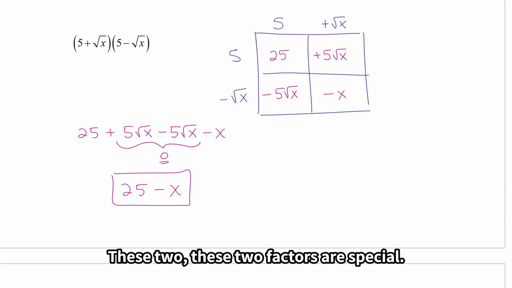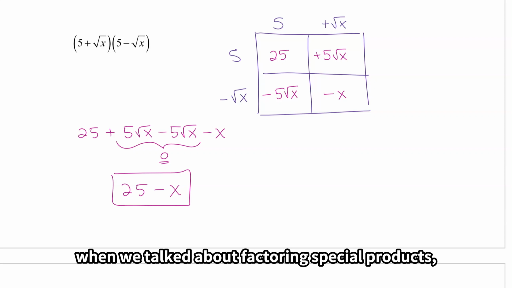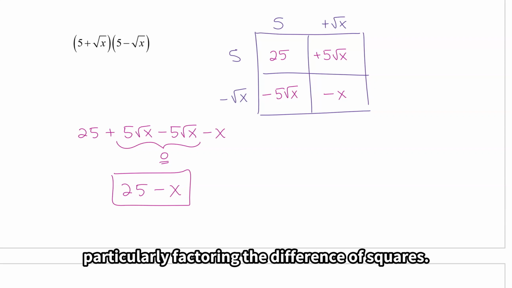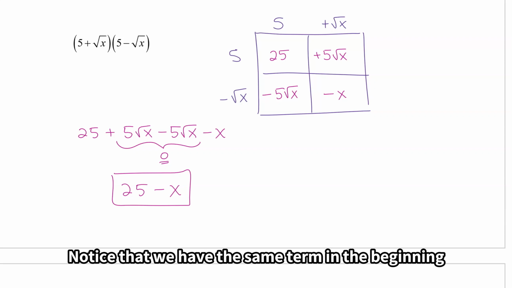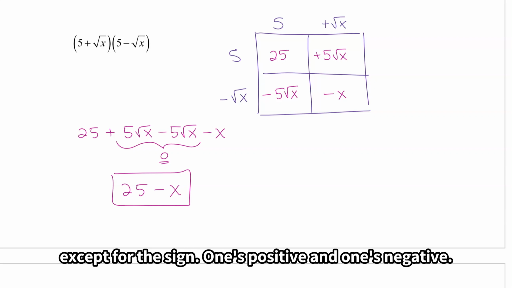These two factors are special. We've seen something similar to this before when we talked about factoring special products, particularly factoring the difference of squares. Notice that we have the same term in the beginning, 5 and 5, and in the second term in both of these factors, they're almost exactly the same except for the sign.